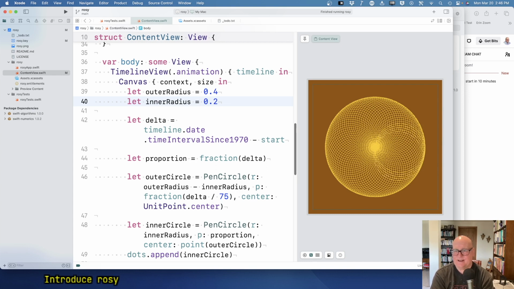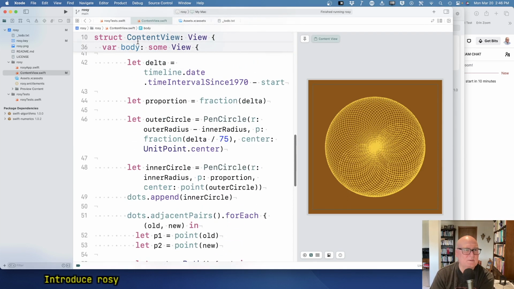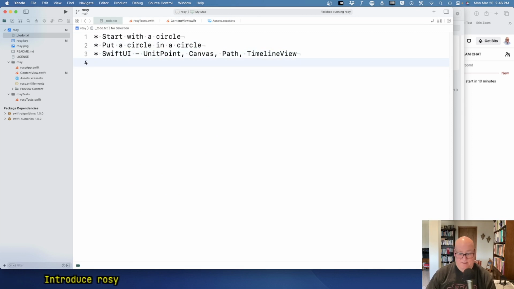Okay, now we're refining a little bit. Well, let's see. What will make things good? I should probably organize ourselves a little bit here.